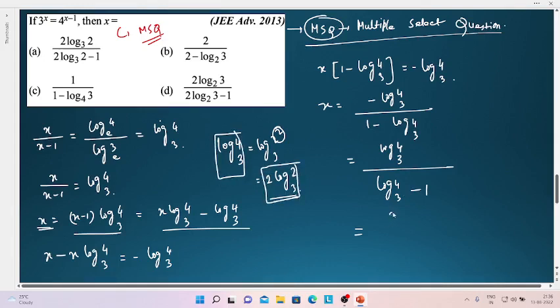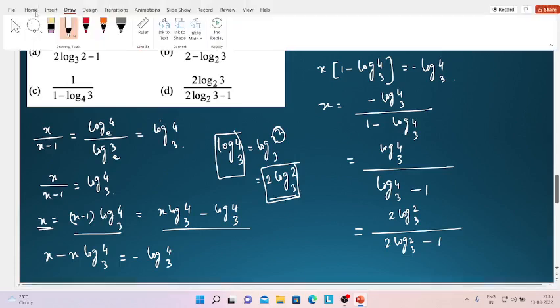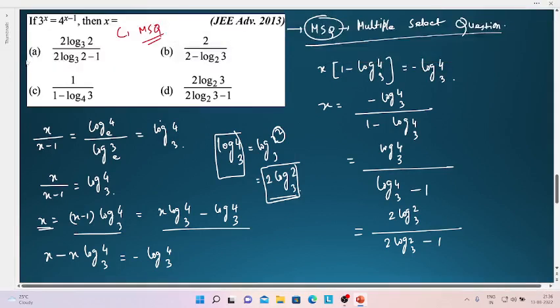The numerator will be 2 log 2 base 3 and the denominator will be 2 log 2 base 3 minus 1. Yes, option A is the correct option: 2 log 2 base 3 upon 2 log 2 base 3 minus 1.